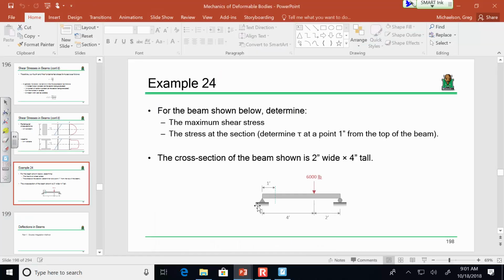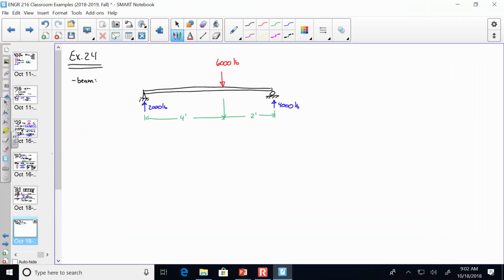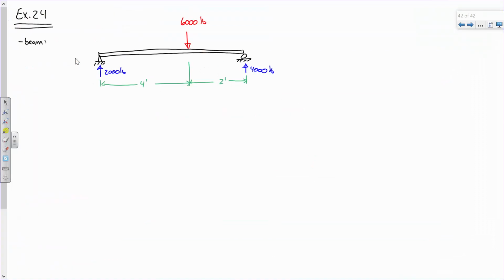If you sum moments, we have 6,000 times 4, and so much times 6, so that's 4,000, and so on and so forth. Everybody okay with this?